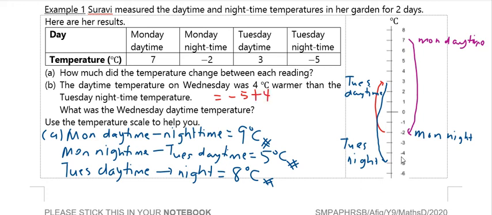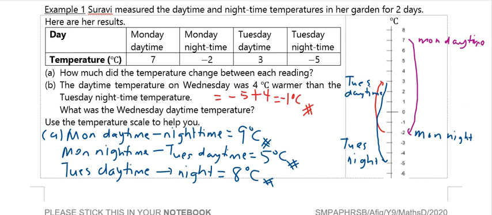So -5, you can use the number line, and then you are increasing it by 4: 1, 2, 3, 4. So the daytime temperature for Wednesday will be -1 degree Celsius. So that's example 1.